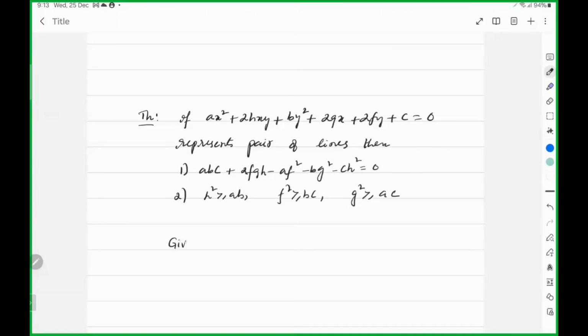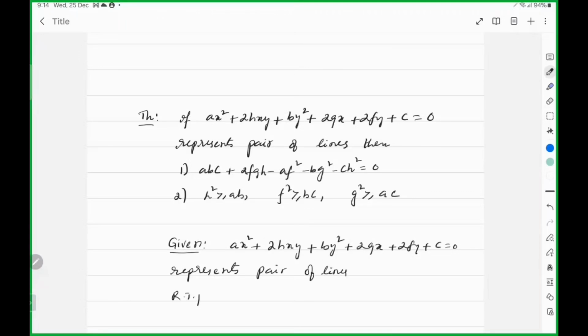It's very clear. Given is ax² + 2hxy + by² + 2gx + 2fy + c represents a pair of lines.